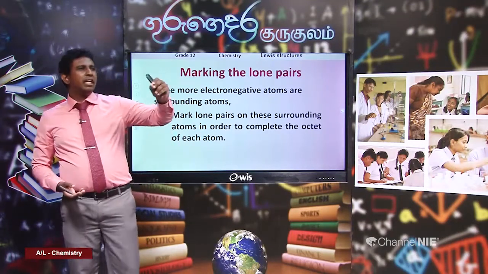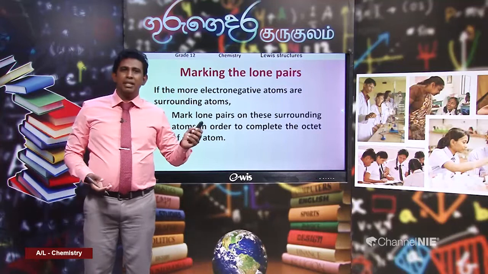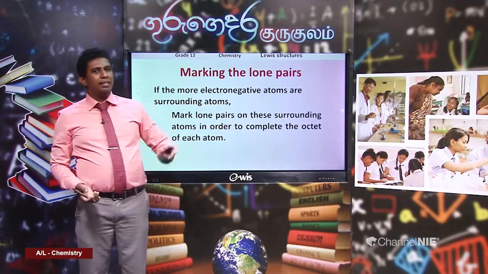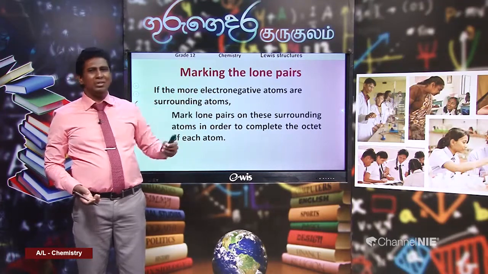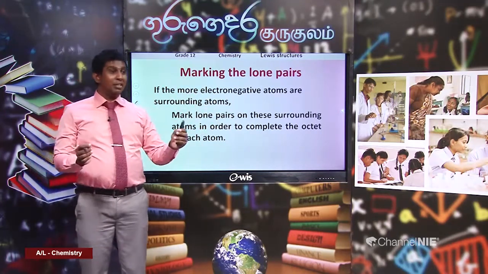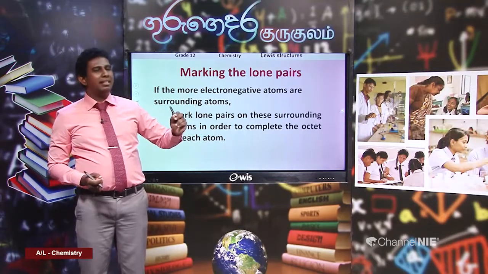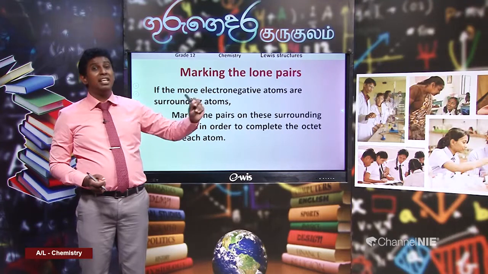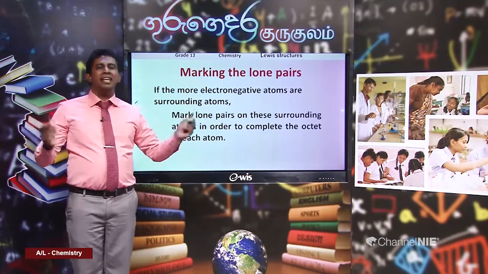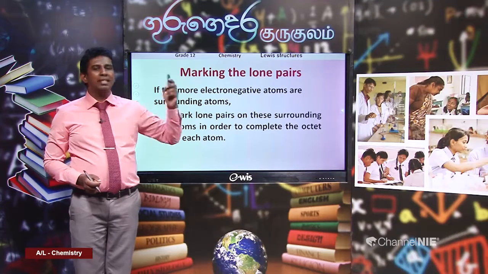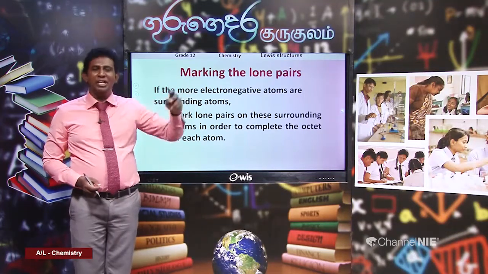The least electronegative atom was the mid atom. Then the most electronegative atom or atoms would be terminal atoms. You place those lone pairs on terminal atoms after drawing the skeletal structure, the remaining pairs, so that it gives octets, 8 electrons on each atom. If you have further electrons left, then you go to the other atoms in decreasing order of their electronegativity.